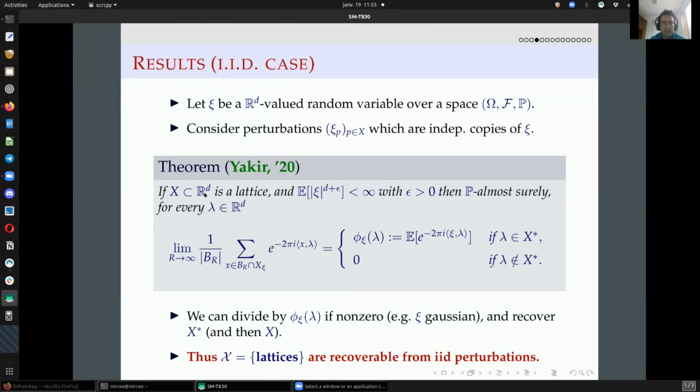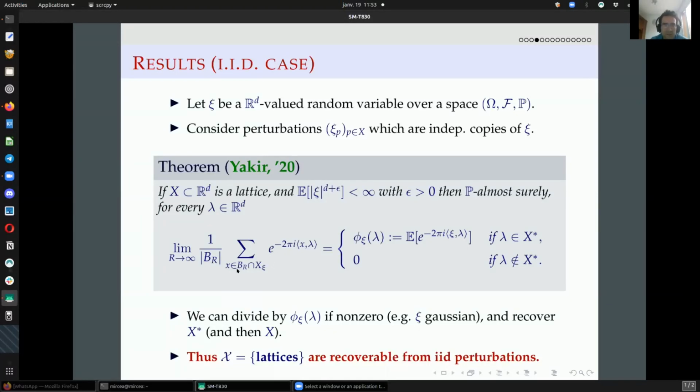It says that if X is a lattice, and if this perturbation has some moment decay property, then almost surely for every vector lambda, if you look at the sum on the left-hand side, you can see it is like a Fourier transform of the set xi.